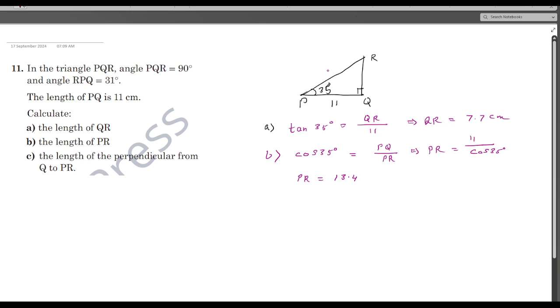So the length of PR is 13.4 and the length of QR is 7.7. All units are in centimeters.